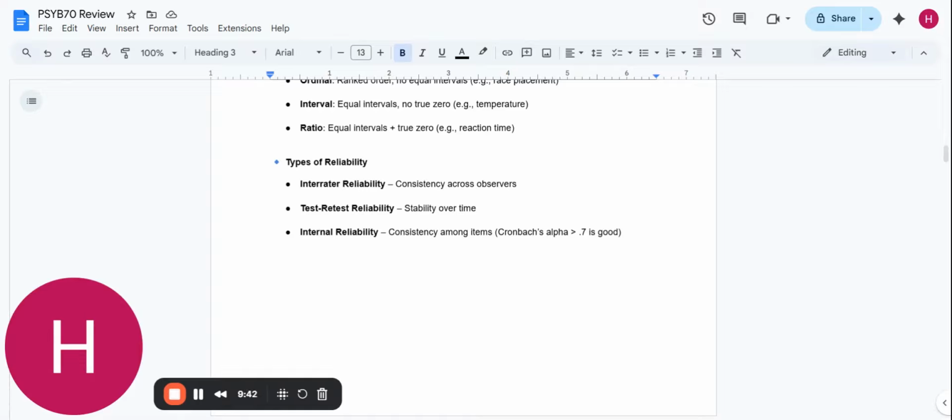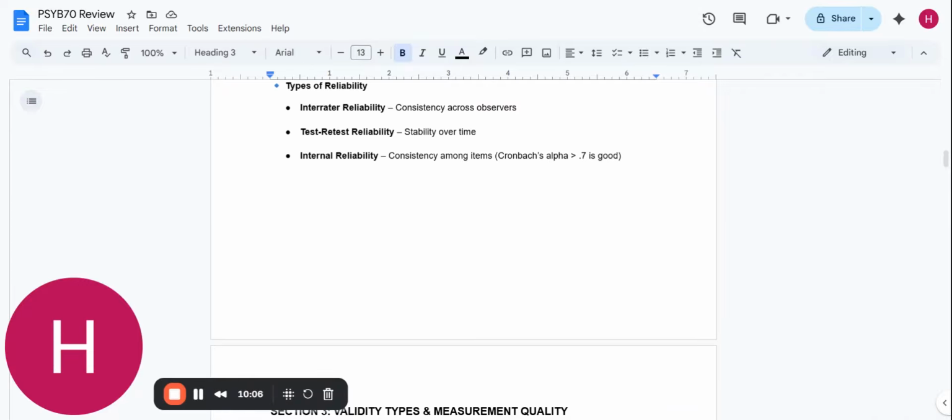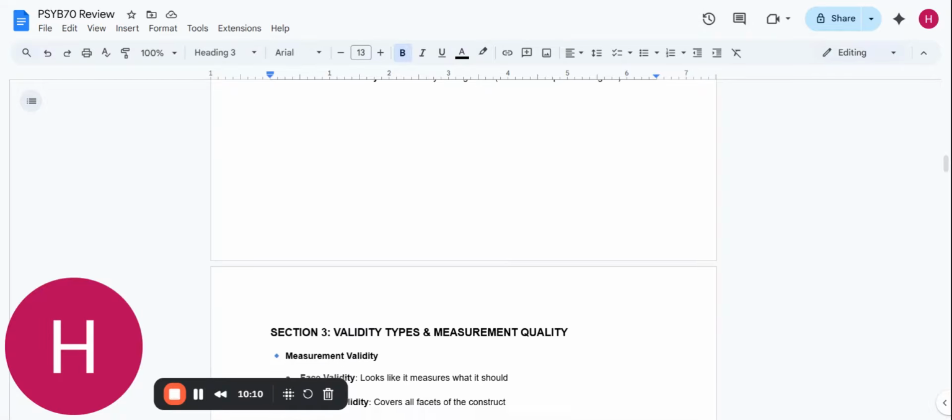The inter-rater reliability focuses more on whether different observers have the same view on something. The test-retest reliability focuses on whether taking a test over time is actually stable. So let's say you take a personality test and two years after this, the personality test turns out to be the same. That means the test has very good test-retest reliability. And then internal reliability is the consistency we have among different items of a test.